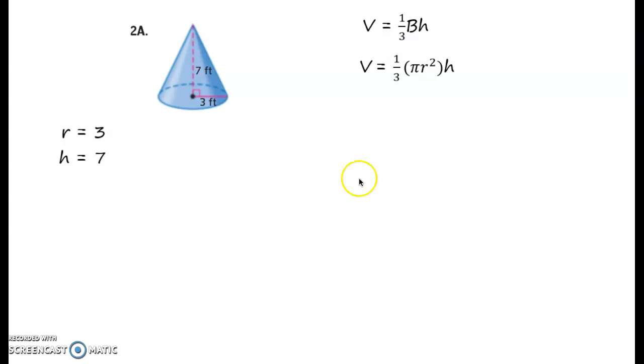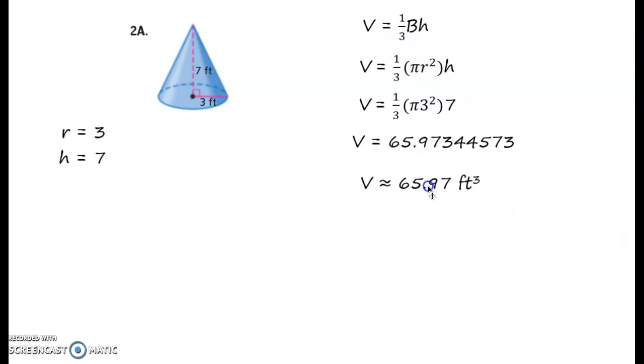So all I have to do now is substitute these values into my formula. So I have volume equals 1/3 pi times 3 squared times 7. When I do my calculations, I get volume equals 65 and a lot of numbers. So if I round that to the nearest hundredth, I get the volume is approximately 65 and 97 hundredths feet cubed.